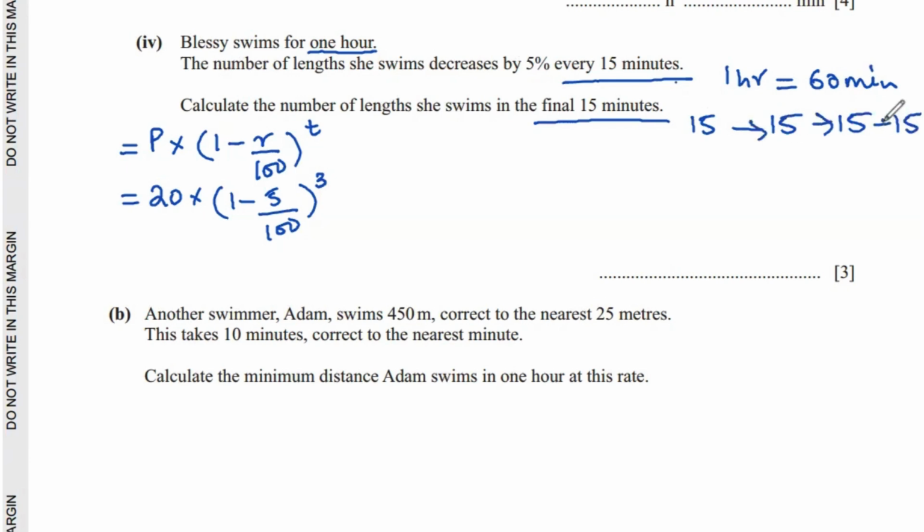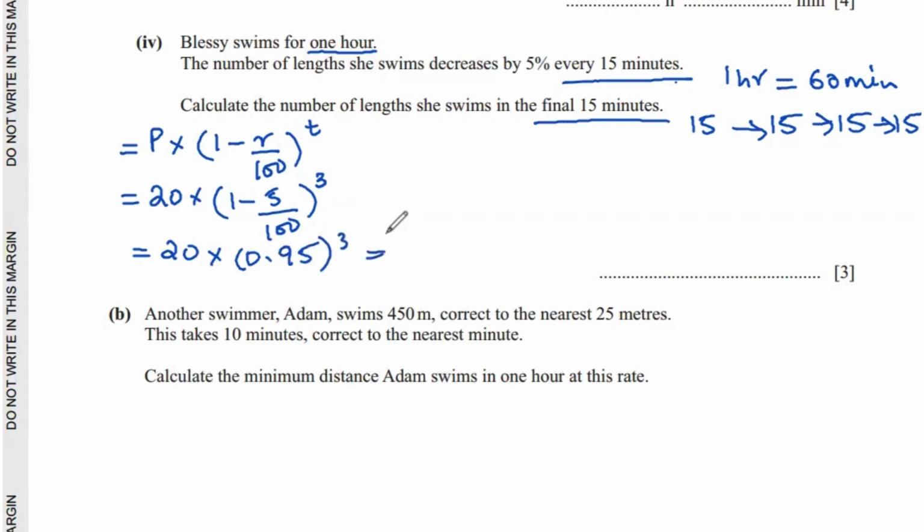So this is the decrease in the first 15 minutes, then the second 15 minutes, and then for the third one, they're asking us how many she'll be swimming in this part over here, because that is how many she'll be swimming in the last 15 minutes. So we're going to decrease it 3 times, not 4 times. Hence, t is 3. So that's 20 times 0.95 to the power of 3.